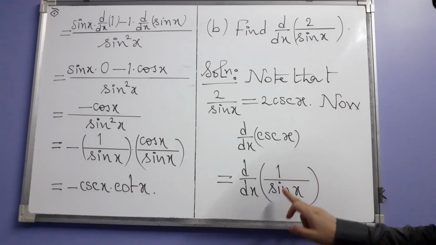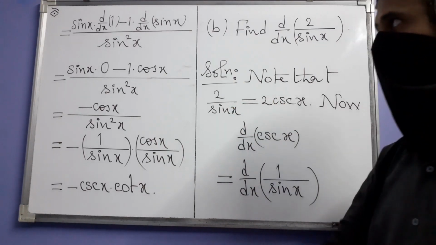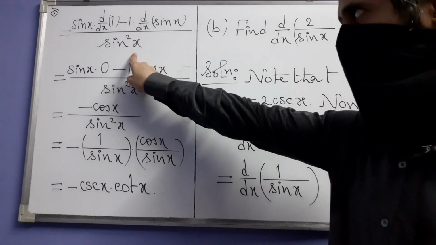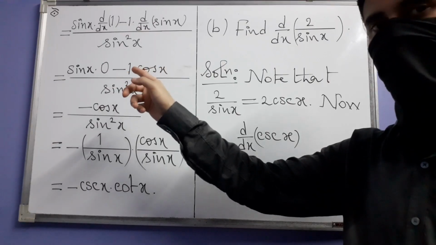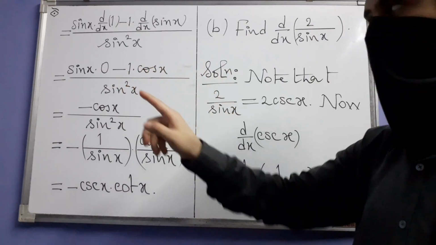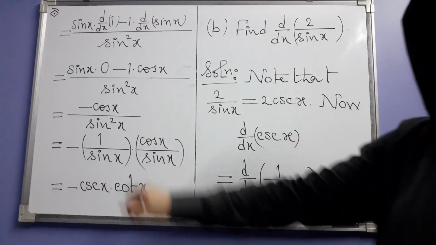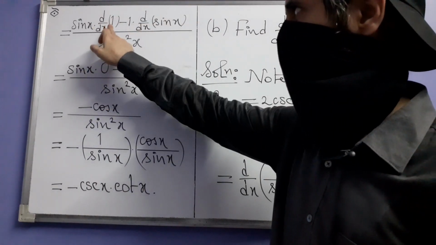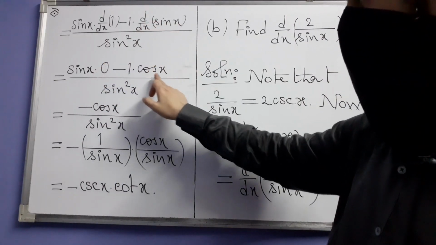So of course this is 1 divided by sin x, so again we apply the quotient rule. So we square the denominator, usual stuff, and then write the denominator first, multiply it by the derivative of the numerator minus the numerator times the derivative of the denominator. Again, just like before, this becomes 0, and ddx of sin x is cos x.